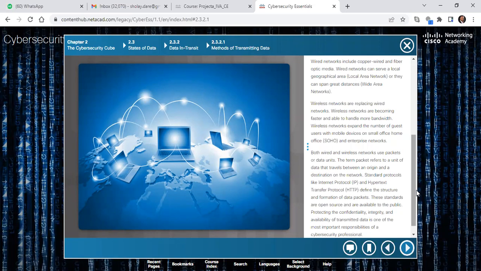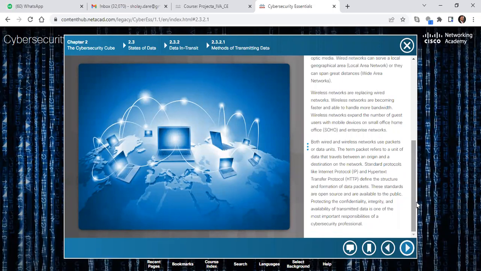Both wired and wireless networks use what we call packets, or data units. The term packet refers to a unit of data that travels from an origin, that is, from one place, to a destination on the network.